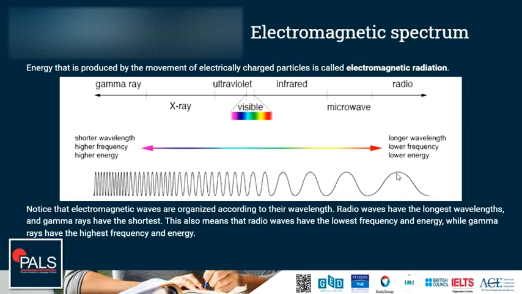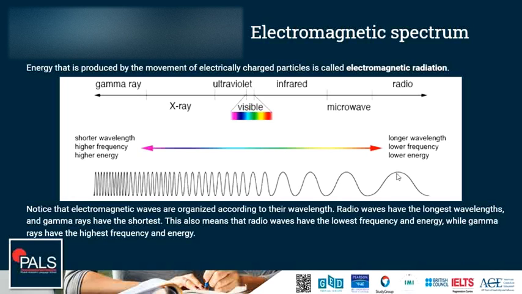Electromagnetic waves. Energy that is produced by the movement of electrically charged particles is called electromagnetic radiation. We can see the electromagnetic spectrum here, from low energy waves on the right, radio waves, to very high energy waves on the left, the gamma rays.